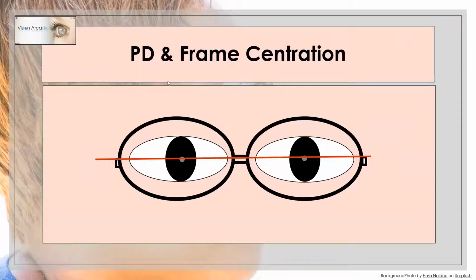I've got a red line going across the eye and the trial frame. Normally I use a thread to align the trial frame to the pupils of the eye, just to make sure it's aligned, because if a patient has a high prescription and you don't do this, you're going to introduce vertical prisms, which would affect your test at the end when we come to fixation disparity.